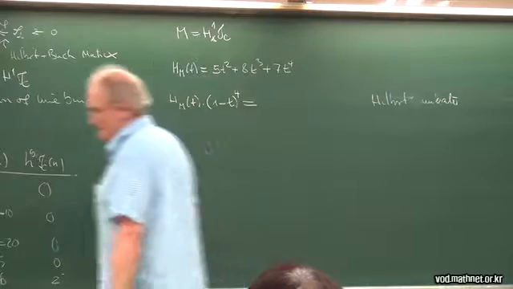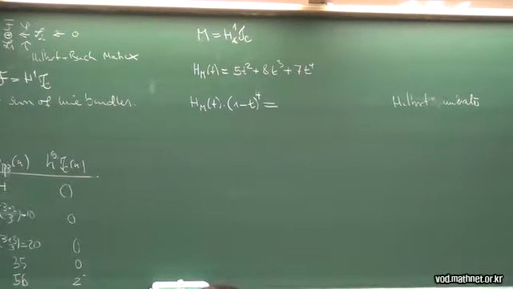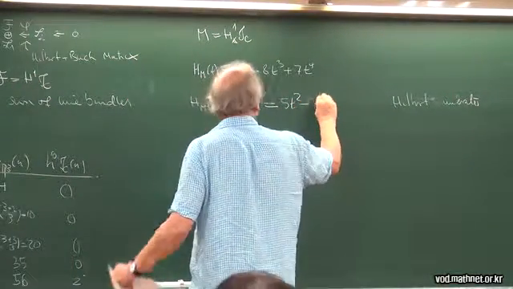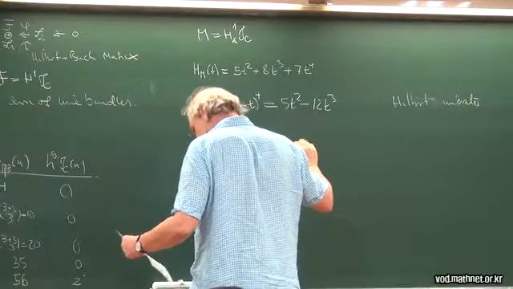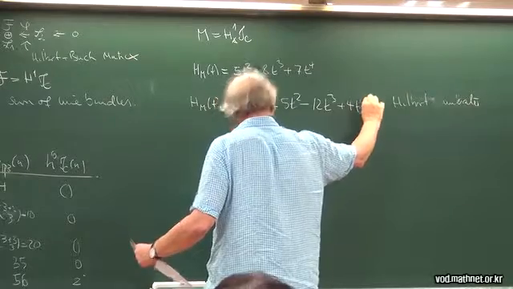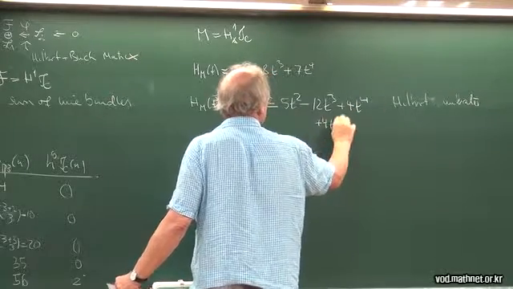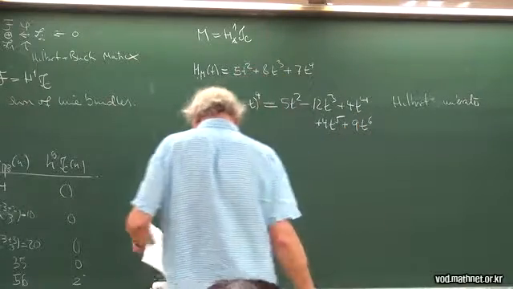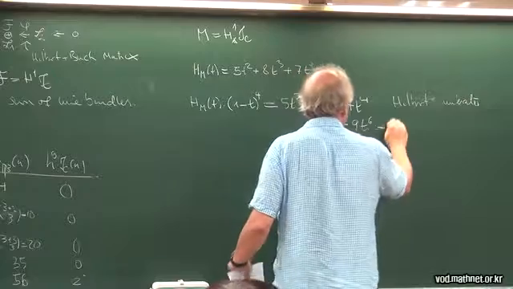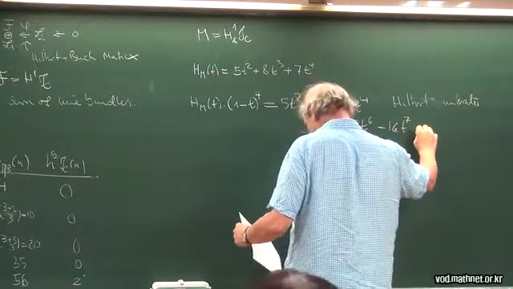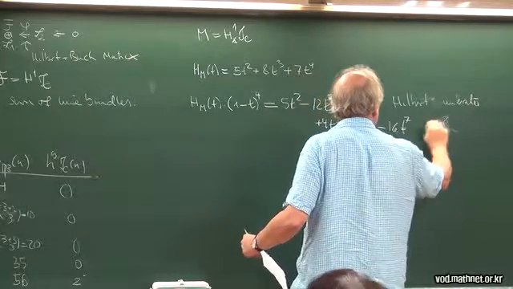This is going to be 5t^2 - 12t^3 + 4t^4 + 4t^5 + 9t^6. I mean, I just multiply this out, there's nothing to it. 16t^7 and then plus 6t^8.